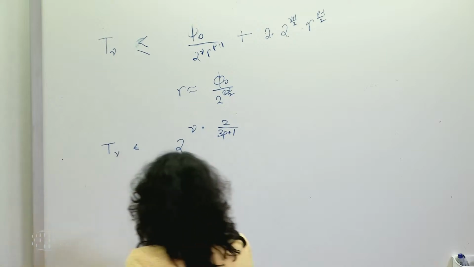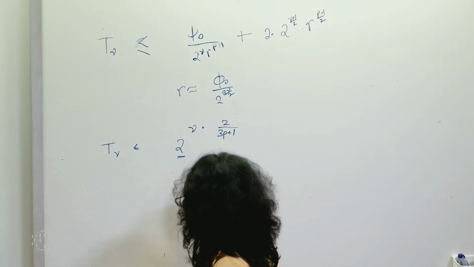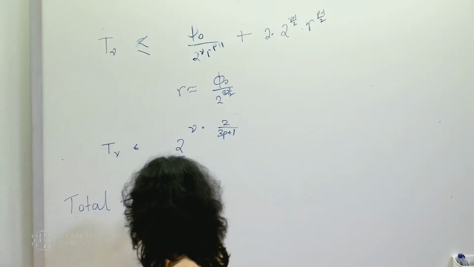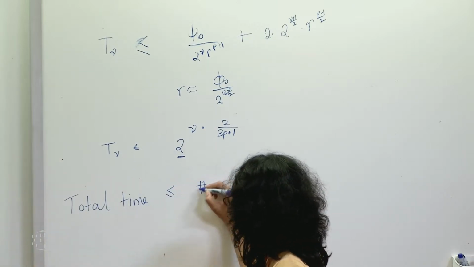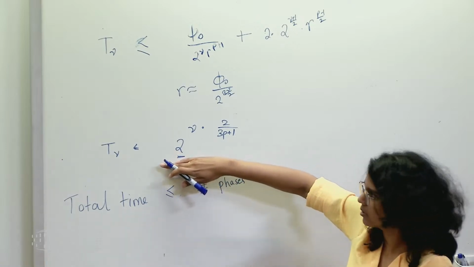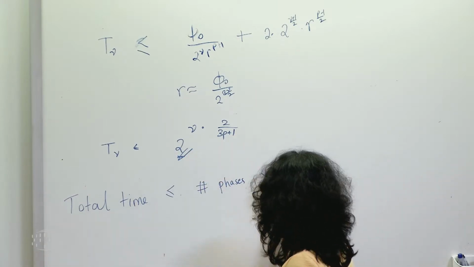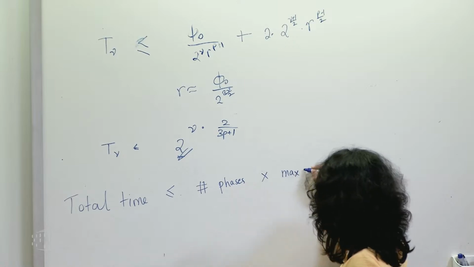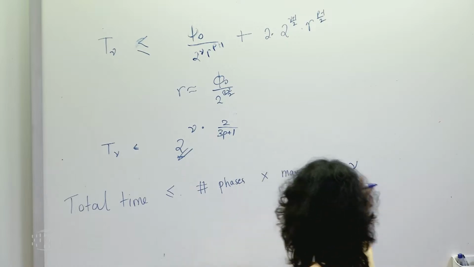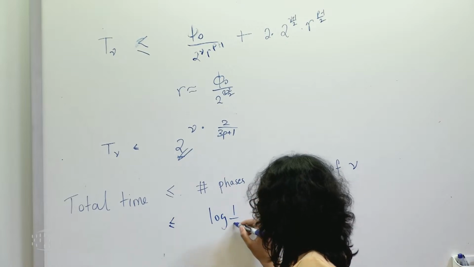Now we want to sum it over all phases. The total time is the number of phases, and this is also an increasing function because 2 to the nu keeps increasing as we increase nu. So this times the max value, and the number of phases is something like log n, log 1 by epsilon.